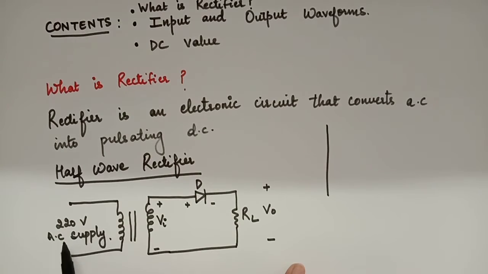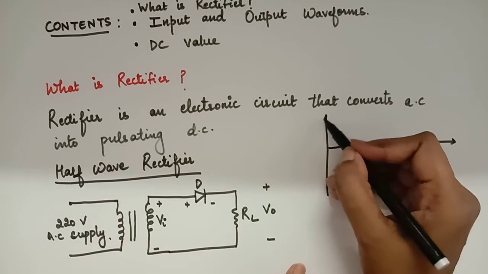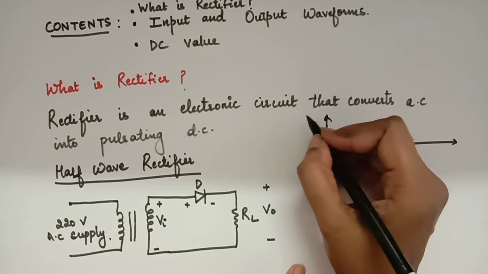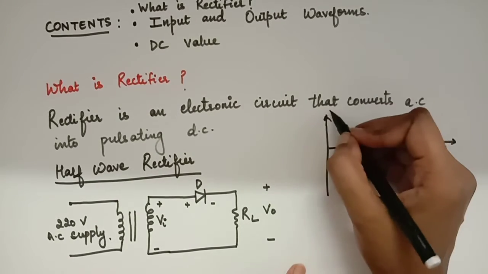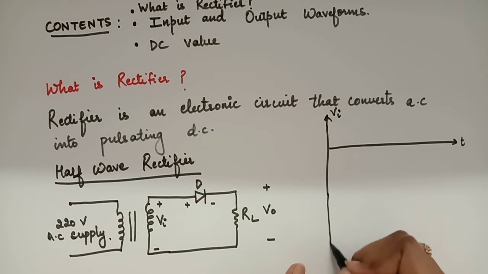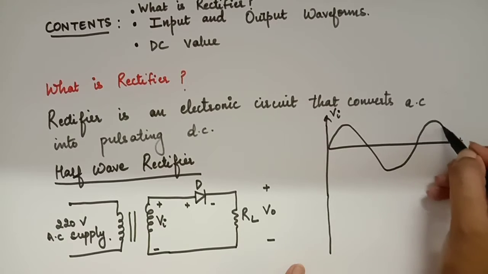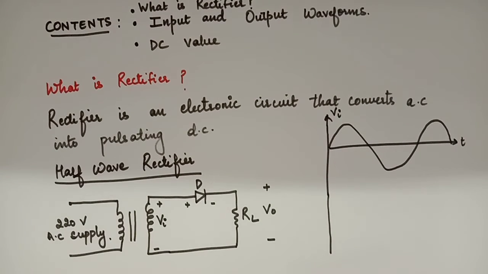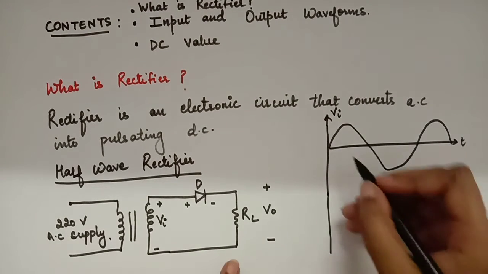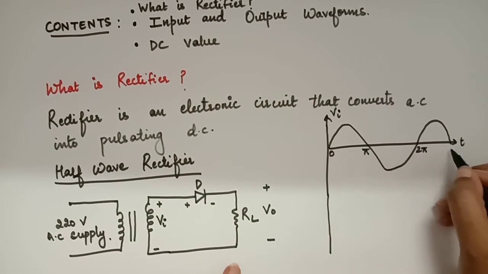The 220 volt AC supply which we are talking about, that is the input waveform. That is the input voltage with respect to time, and this is an AC signal, with marks 0, pi, 2 pi, 3 pi.